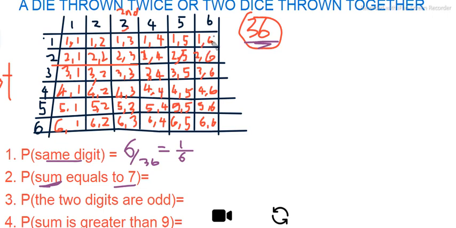I think those are the ones that will add up to 7. So let's count. How many are they? 1, 2, 3, 4, 5, 6. We have 6 in total. So 6 of them will add up to 7, that will be 6 over 36. When we reduce that, we have 1 over 6.